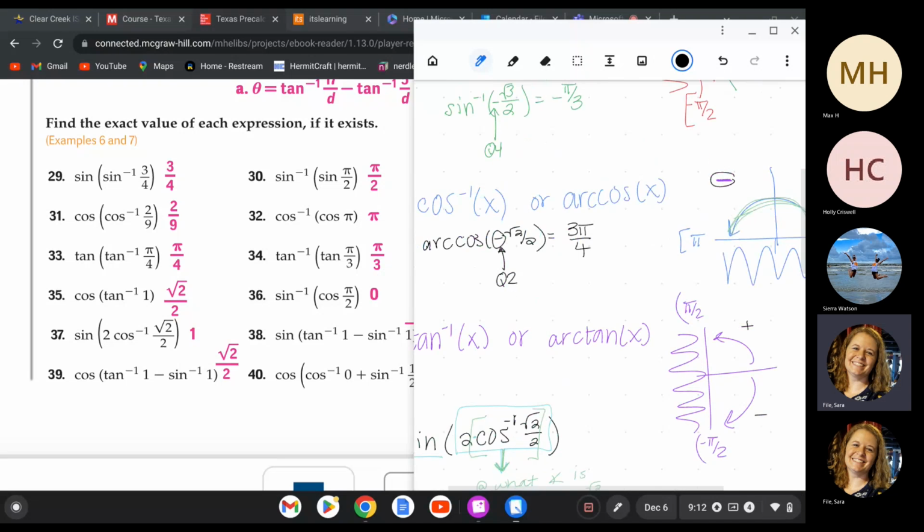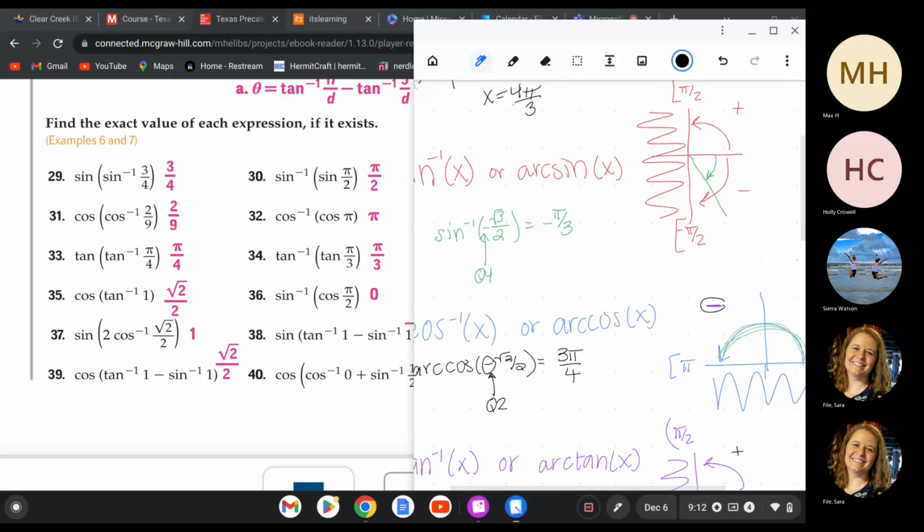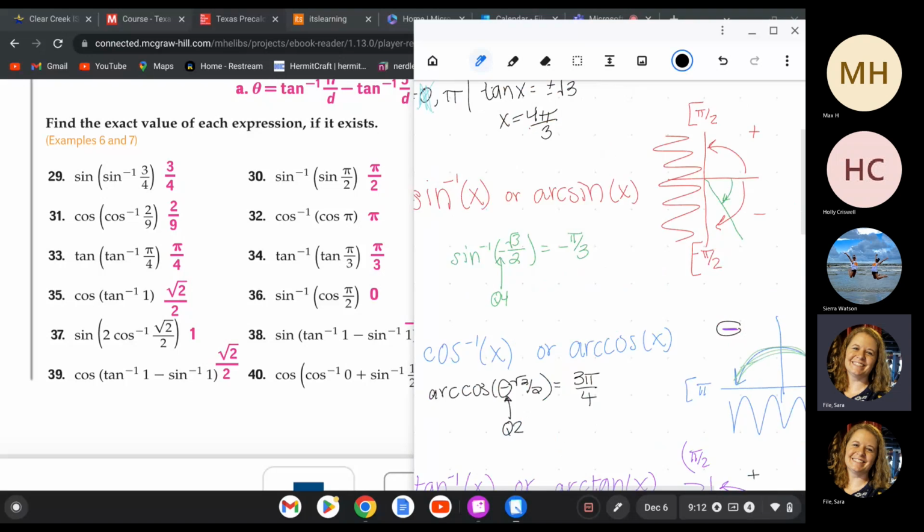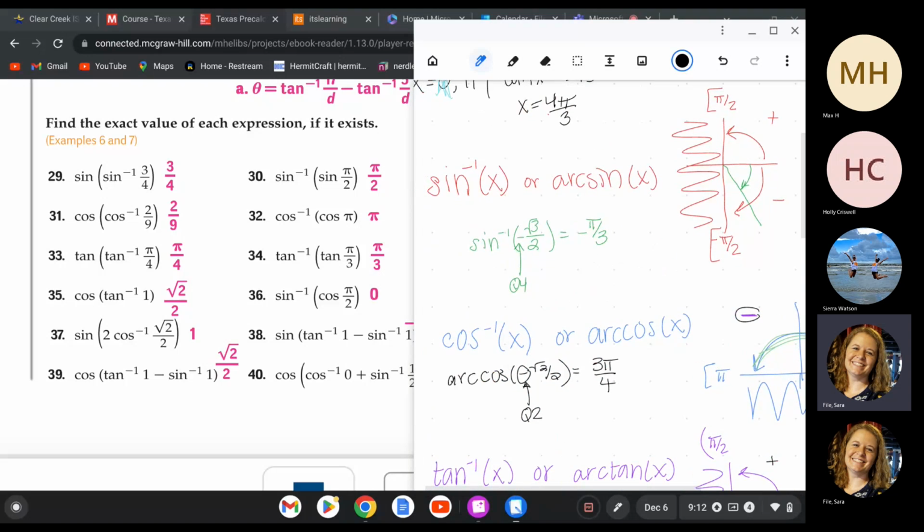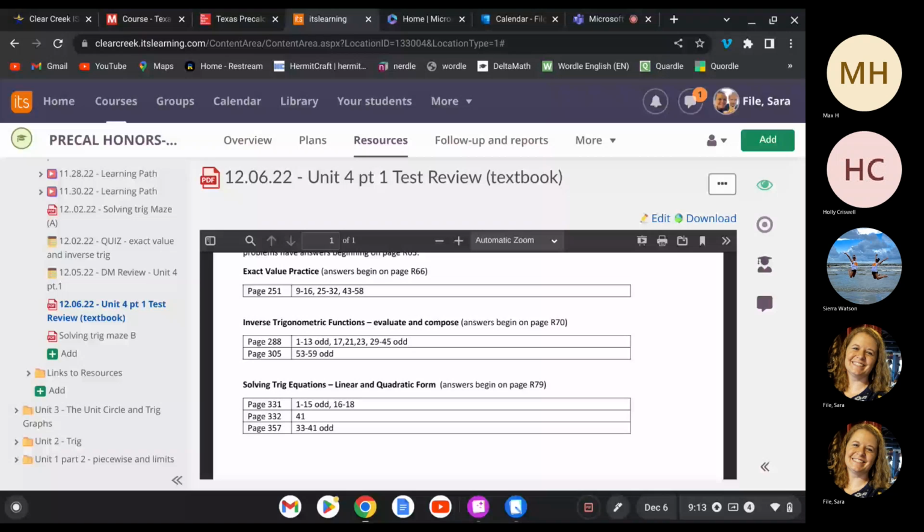Go back up here. Here's where we talked about inverse sine. Up here we talked about how inverse sine, your output has to be between these values. But we didn't talk about the input. On the notes, go back and show those to you.